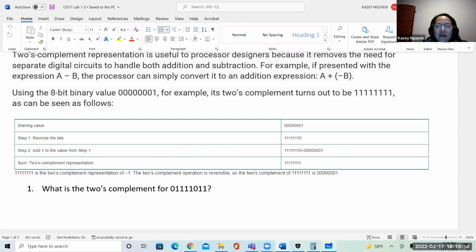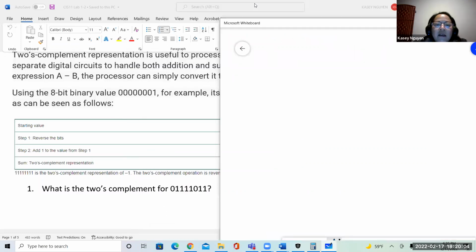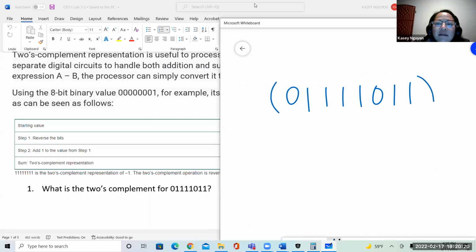So in this case, we have 0, 1, 1, 1, 1, 0, 1, 1. We already have it in binary format. Then we are going to not this.